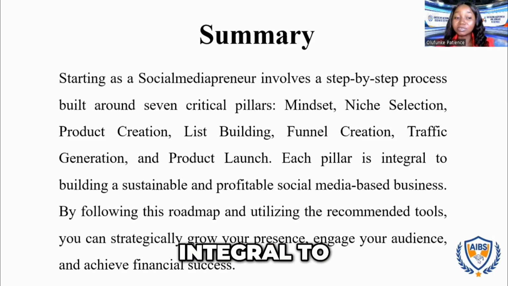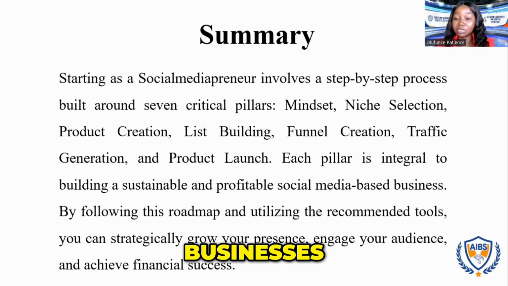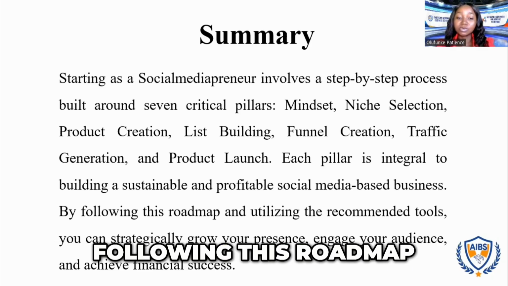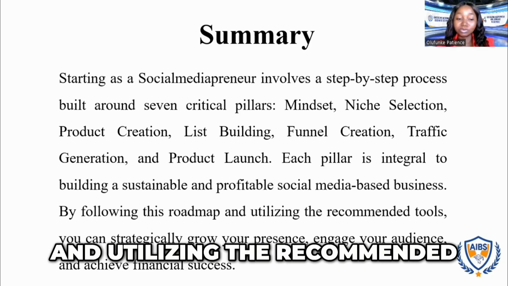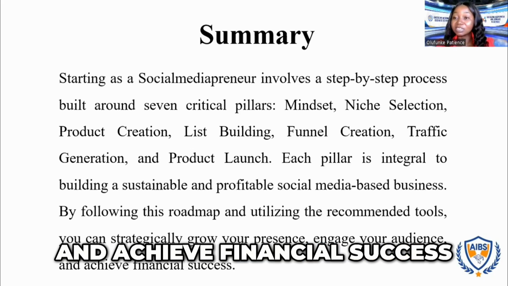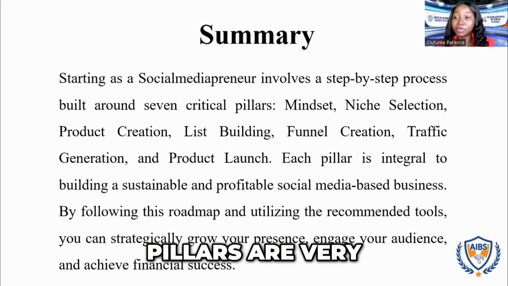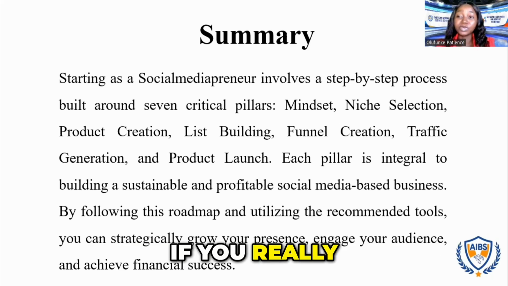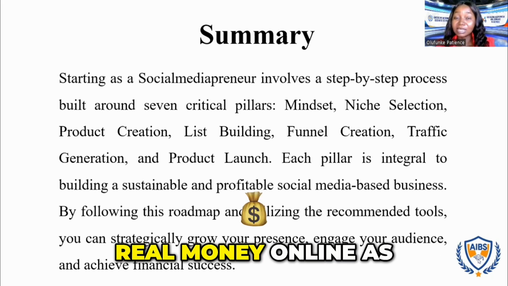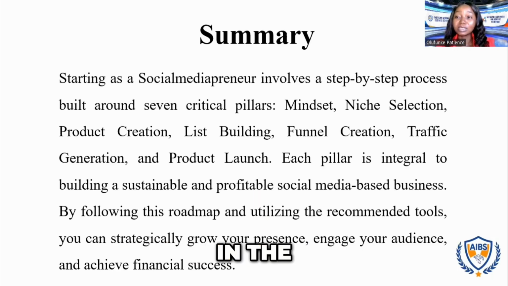Each pillar is integral to building a sustainable and profitable social media-based business. So by following this roadmap and utilizing the recommended tools, you can strategically grow your presence, engage your audience, and achieve financial success online. So these pillars are very important to your business, if you really want to make real money online as a business person, as a social mediapreneur, regardless of whatever niche you have chosen to do your business in.